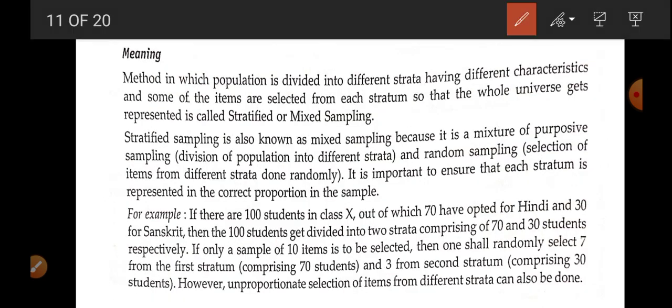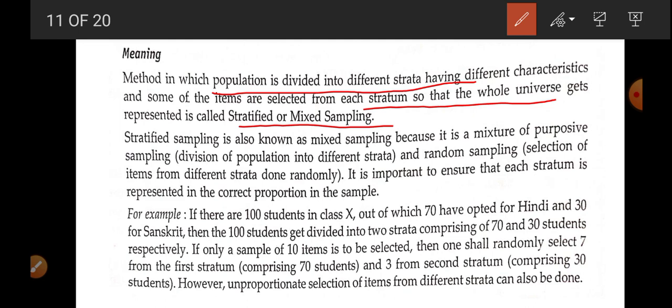Now next is stratified. Remember this term: stratified is a word from strata, and strata means groups. So in this method, the population is divided into different strata, meaning groups, and after that the sample is selected.